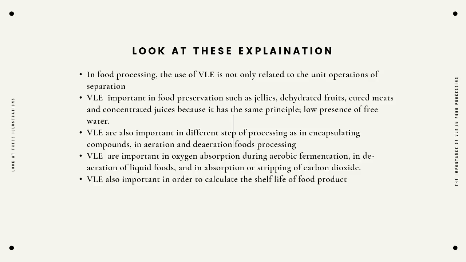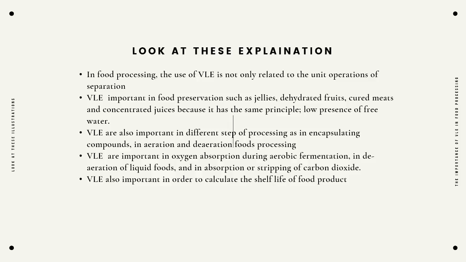Next, in aeration and deaeration in food processing, VLE is also important in oxygen absorption during aerobic fermentation. Maybe when we want to produce wine, we use fermentation, we need the VLE principle also to produce wine. And then in the aeration of liquid foods, and in absorption or stripping of carbon dioxide. Maybe we use this when we produce carbonated drinks, because we use carbon dioxide to produce them.